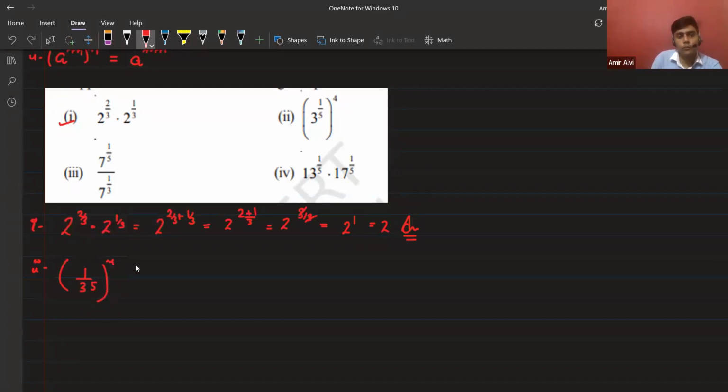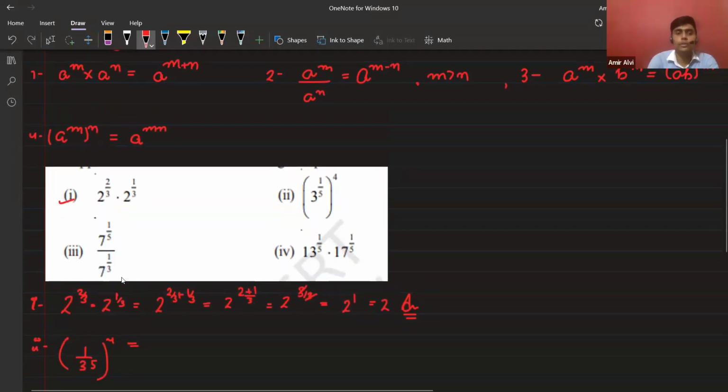1 by 3 to the power 5. Now tell me, Simran, from the above laws, which law is applicable on it? The second one. No. Focus a little bit, think about it before answering. The fourth one.